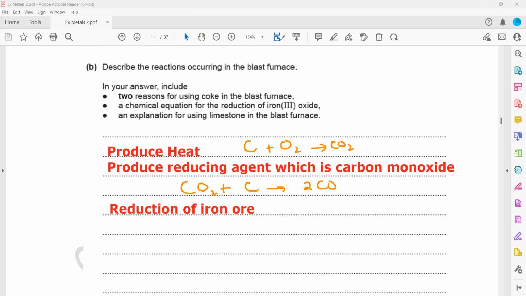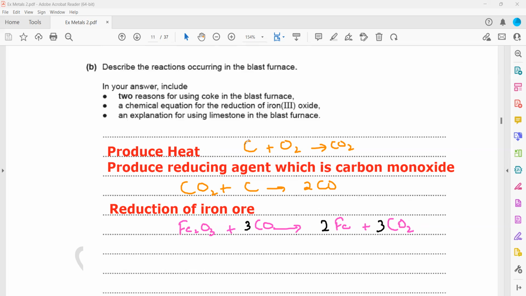This iron ore, which is Fe2O3, reacts with carbon monoxide, which is a reducing agent, to produce iron metal plus carbon dioxide. Then we balance the equation. If we put 3 here, oxygen is 6. We put 3 here, oxygen is 6. And then iron 2, so we put 2, iron is 2, and carbon is already 3. So this equation is balanced.